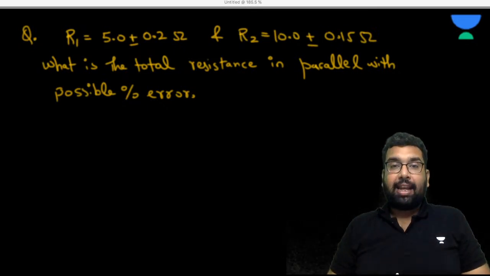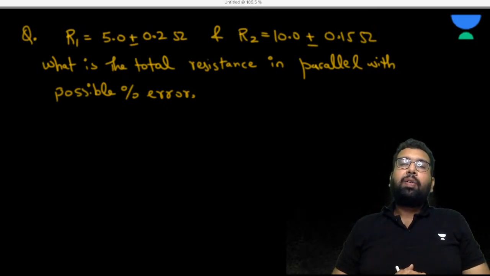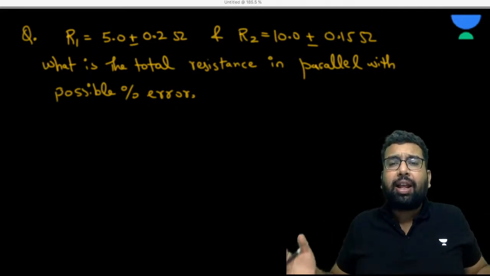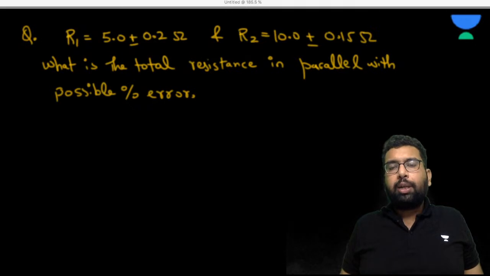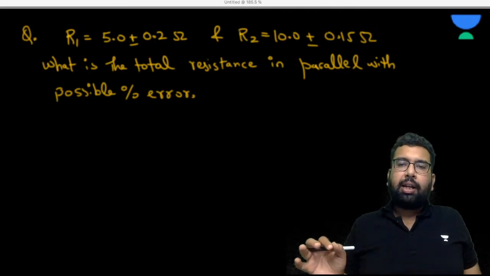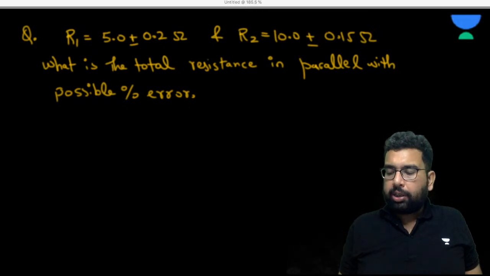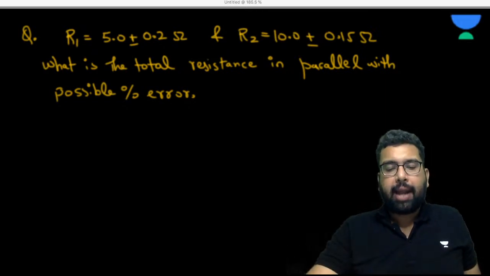You are required to find the total resistance, which we sometimes call the equivalent resistance, and also give the possible percentage error. What is going to be the possible percentage error in that? Please go for it. I'm quite sure we can do it.